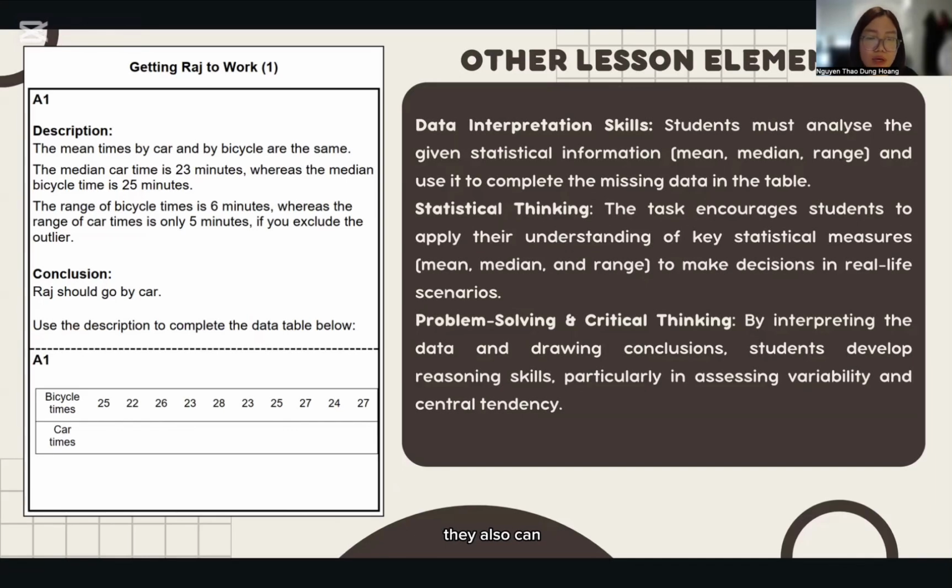Besides, they also can develop their statistical thinking and problem solving, because by interpreting the data and drawing conclusions, students can work more on their reasoning skills, and particularly in assessing variability and the central tendency.